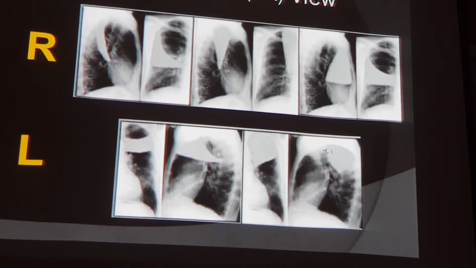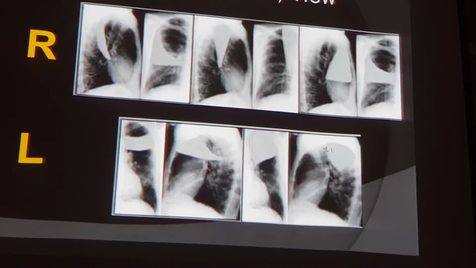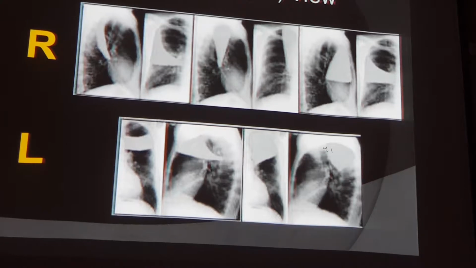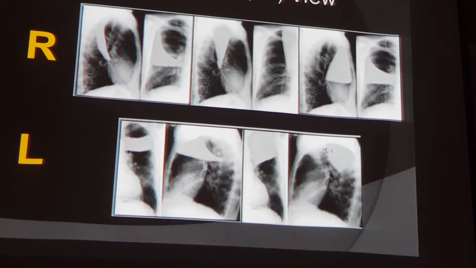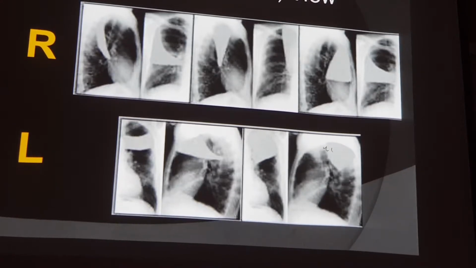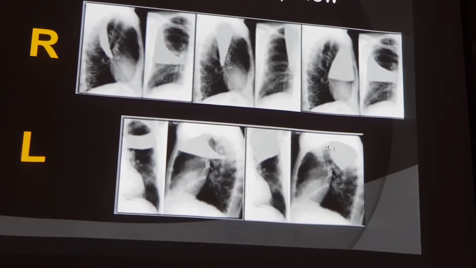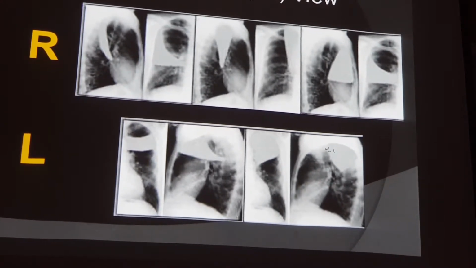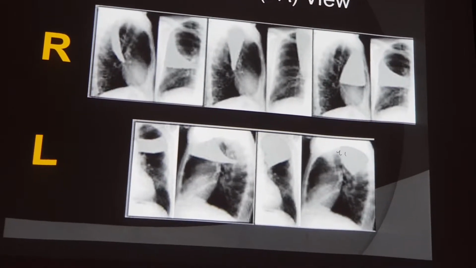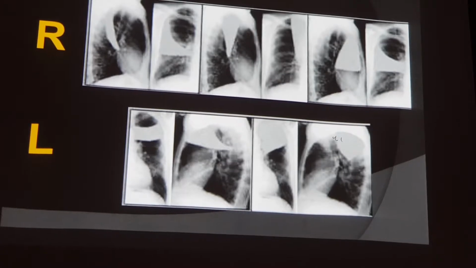The lingula is part of the upper lobe, but for memorization purposes and for practical purposes, I just treat it as a separate lobe, and I equate it to the middle lobe in the right. But that's just for memorization purposes, because for true anatomic purposes, it's still part of the left upper lobe.